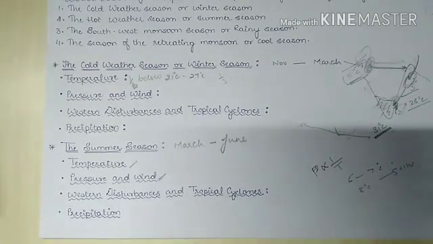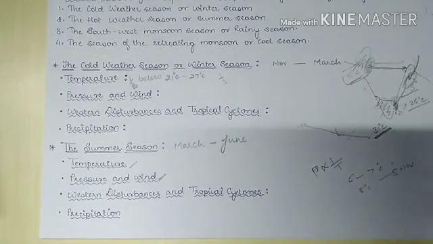If the temperature is very high, then pressure will be very low. The overall pressure gradient is low during this period. Between the extreme north and extreme south, the difference in pressure does not exceed more than 3 to 4 millibar.